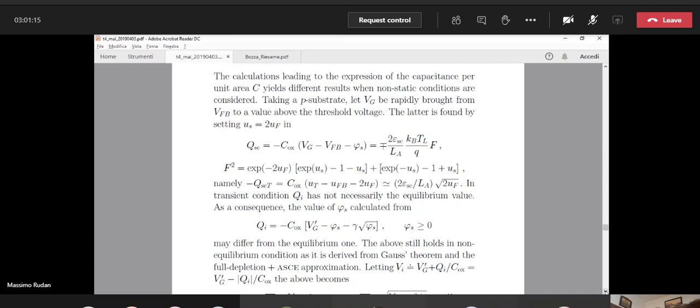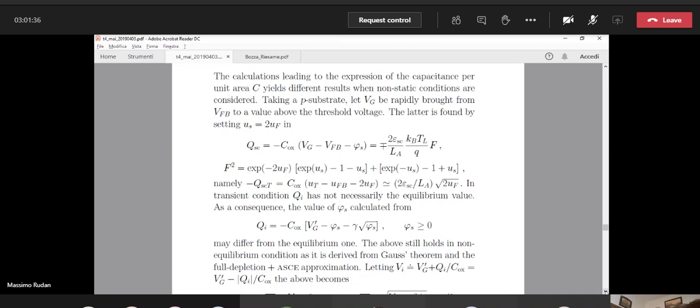Only at the end of a transient during which the inversion layer is formed, the transient stops and you have a static situation corresponding to strong inversion.